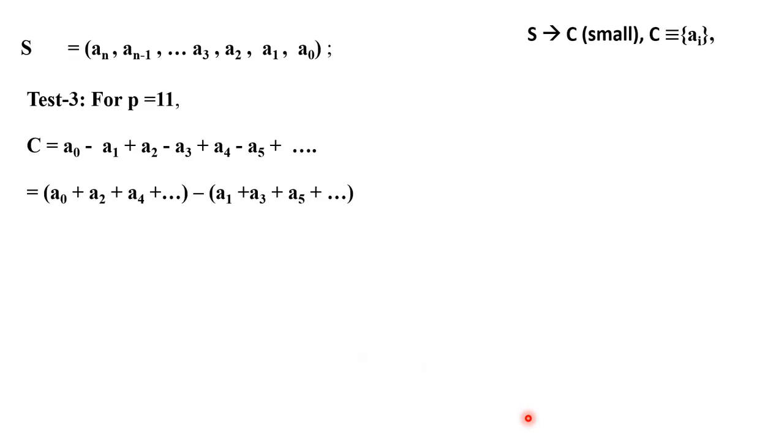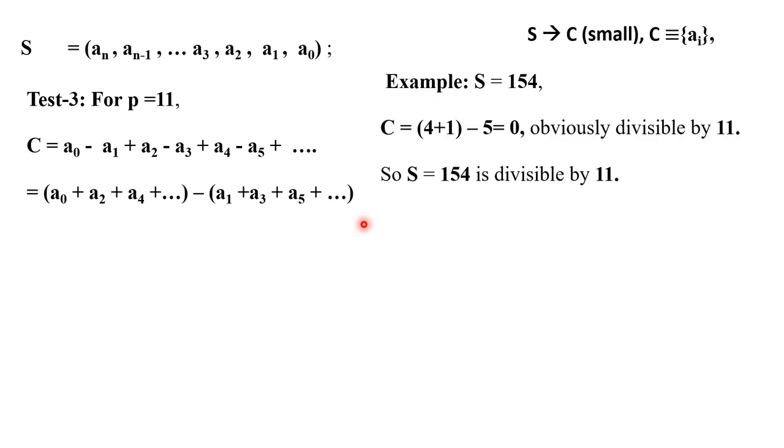Well, for 11, it's slightly different, and in this case C is a sum like this, but with plus and minus coming alternately: A0 plus or minus A1 plus A2 minus A3 and so on. That means A0, A2, A4 are added, and from this is subtracted the sum of the digits A1, A3, A5 and so on.